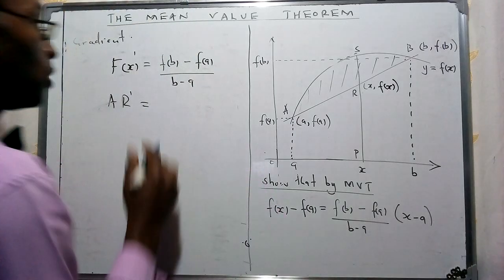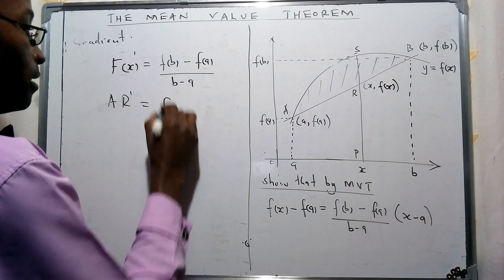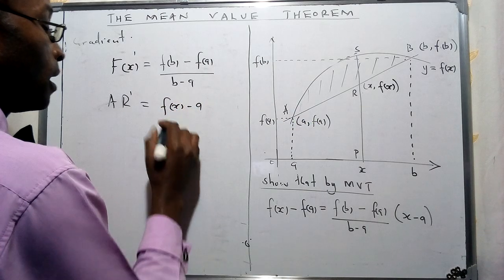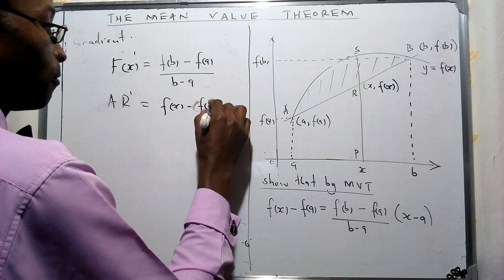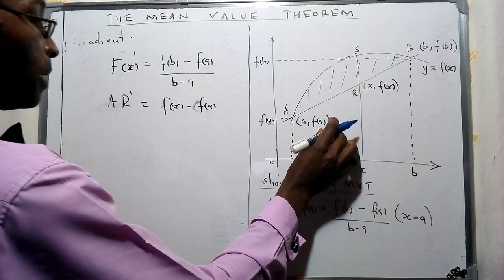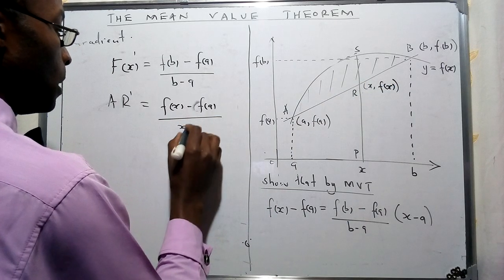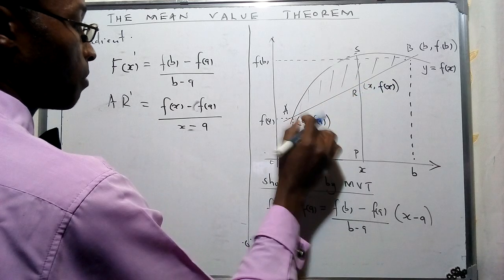So we can define the gradient as the change in y, f(x) minus f(a), a part of the coordinates, divided by x minus this specific value of a. So this is going to be x minus a.